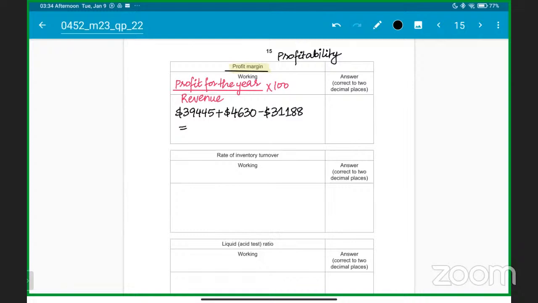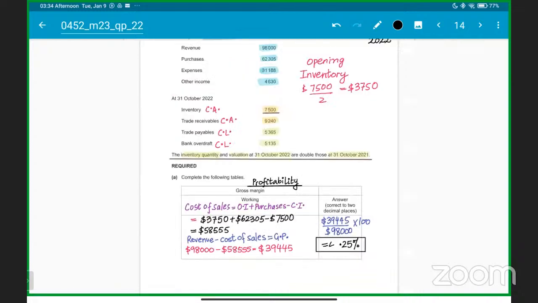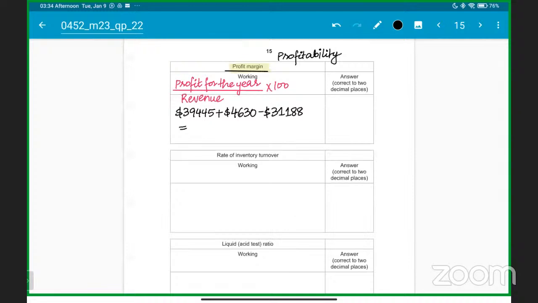So I will be getting the net profit. Okay, everyone getting it? Other incomes we add, and expenses we subtract. Okay, students, got it? So it will be 39,445, the gross profit, plus 4,630 minus 31,188. So I'm getting 12,887 as the net profit.